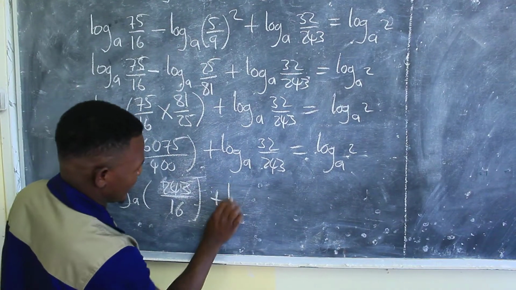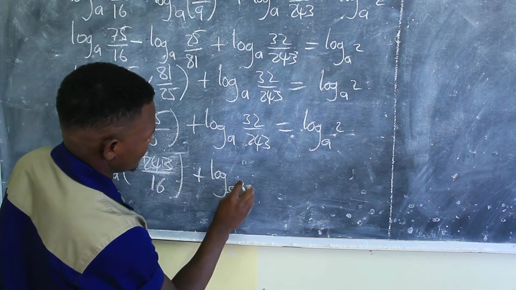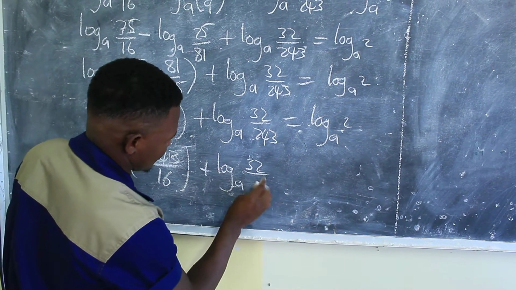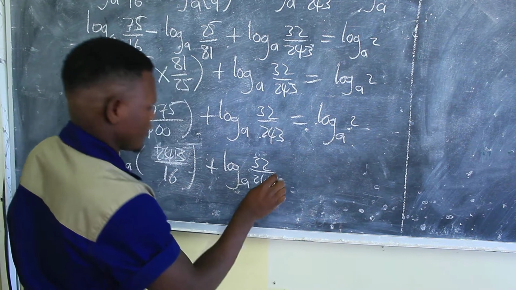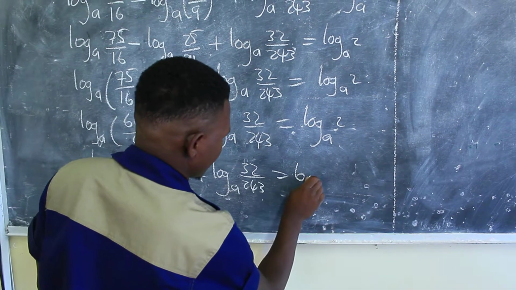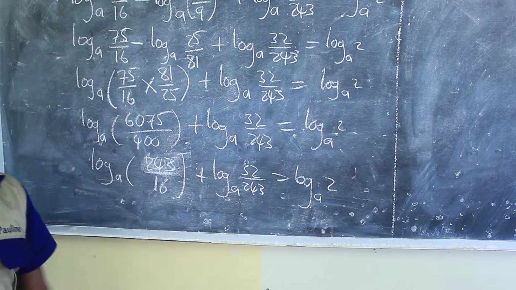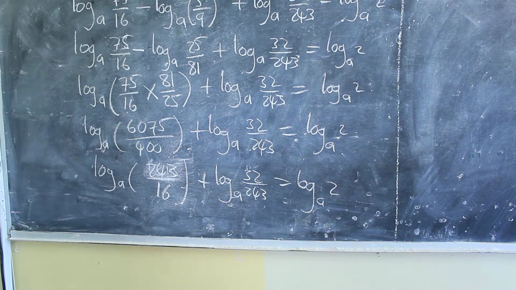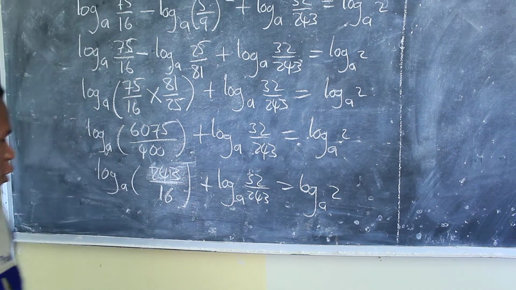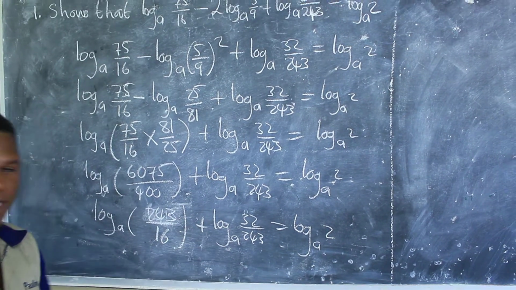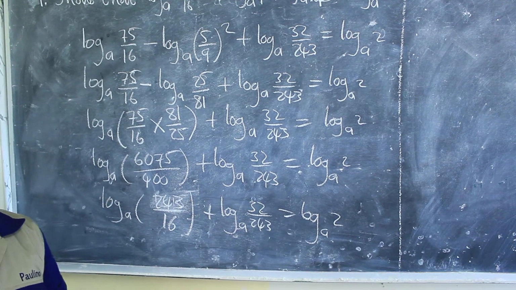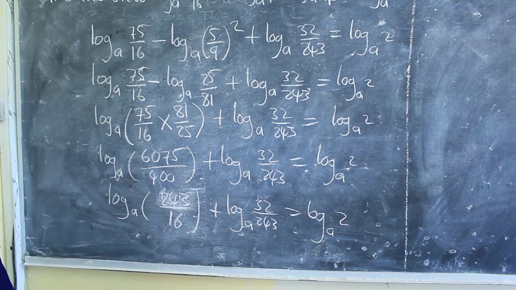And then plus log base A 32 out of 243 is equal to log. You can already notice something here. Now what is next? What does the rule say in logarithm when there is addition in between? We are multiplying.